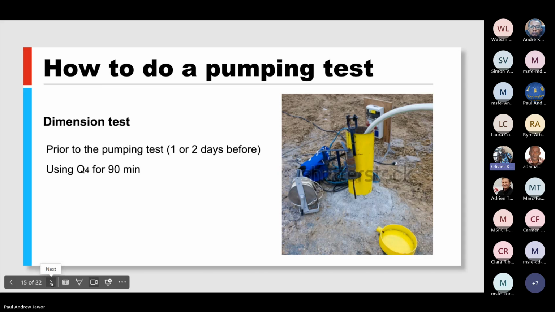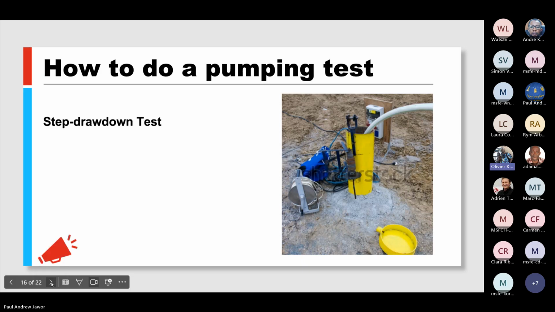We should run that for at least 90 minutes. 90 minutes is the time we have defined for one step, to ensure that during the event we do not exceed the pump level, so we avoid running dry. I think I already spoke about this. Next slide, Paul.